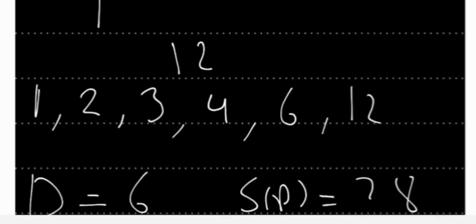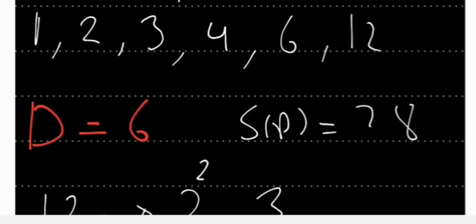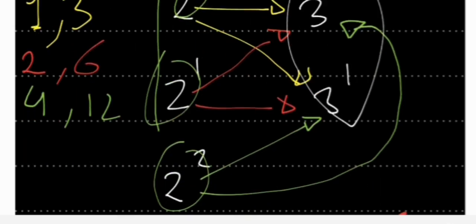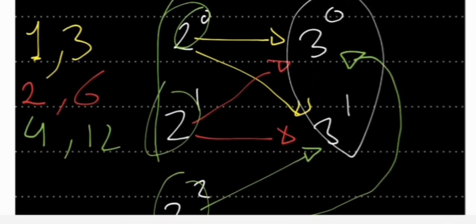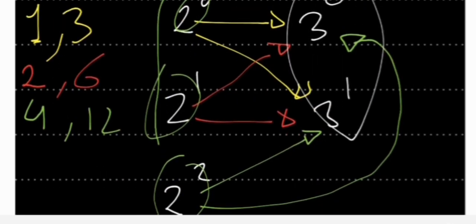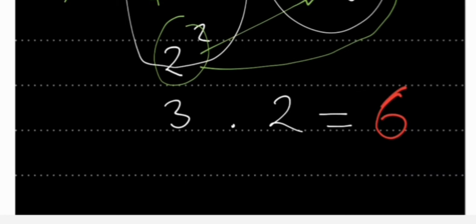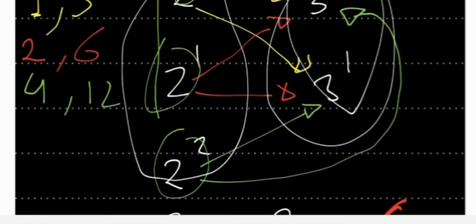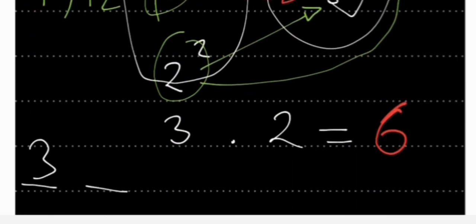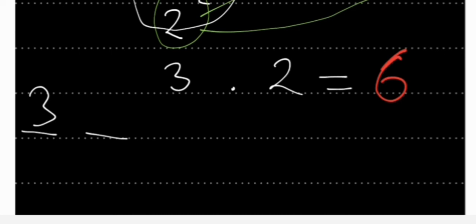This is really what we are doing over here. This is the number of divisors, because it's like doing combinatorics, right? You can choose three numbers over here, and here you can choose two numbers, right? So this is what we are doing.